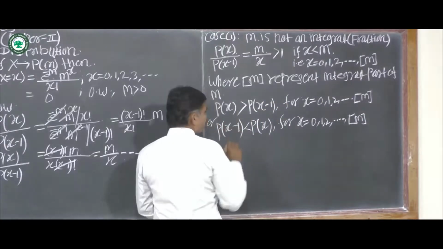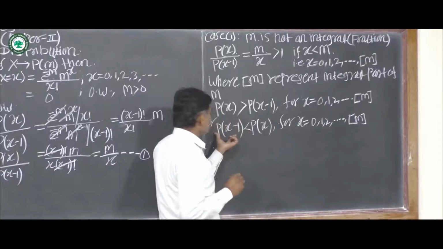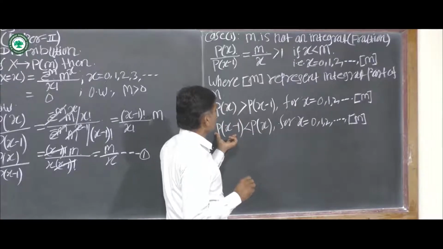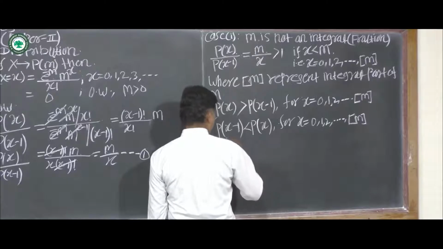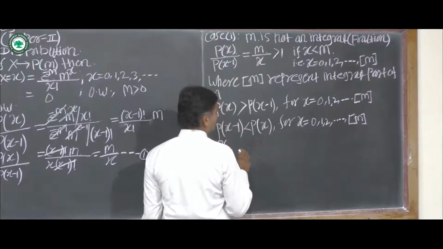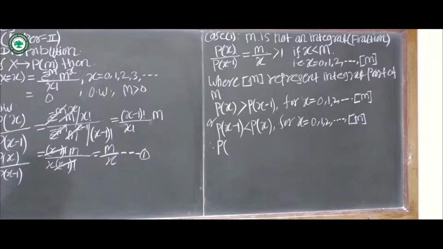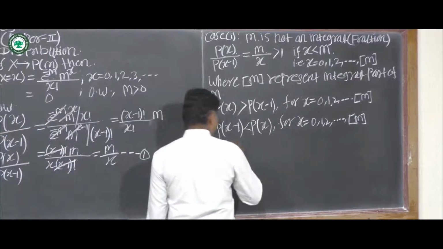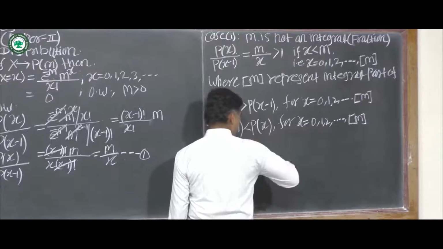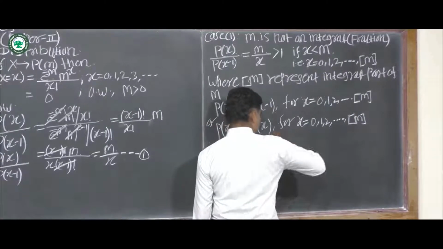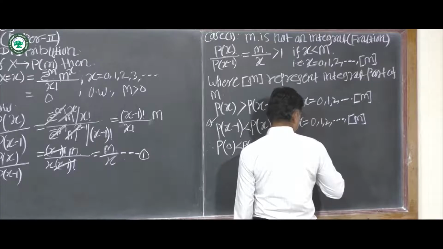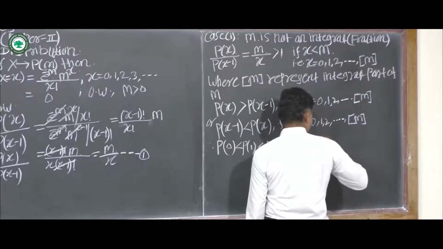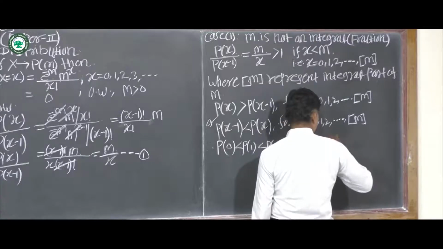Therefore, if we substitute x equal to 0, then we have p of 0 is less than p of 1, less than p of 2, less than and so on, less than p of floor of m.